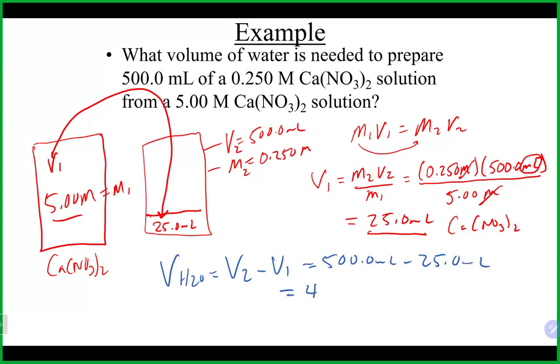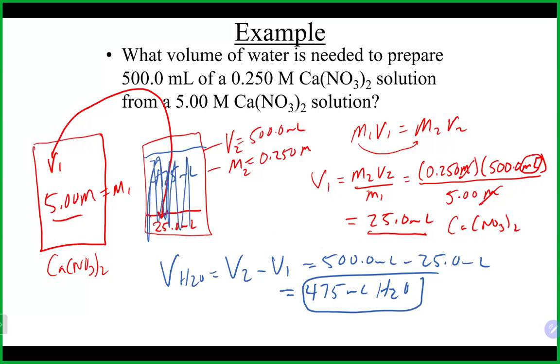That means we need about 475 milliliters of water to go in with it, which gives us a grand total of 500 milliliters. Then you mix it together, and you will have a solution with a molarity of 0.25, and you will have 500 milliliters of it.